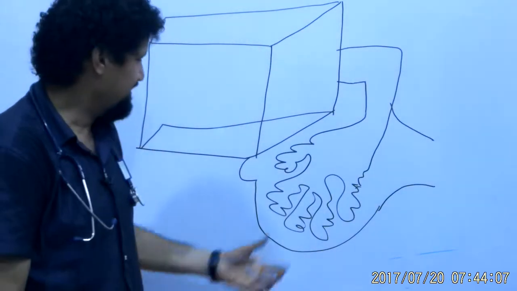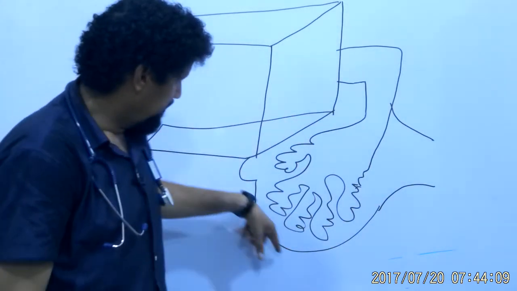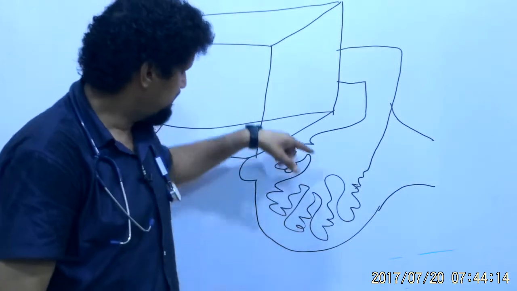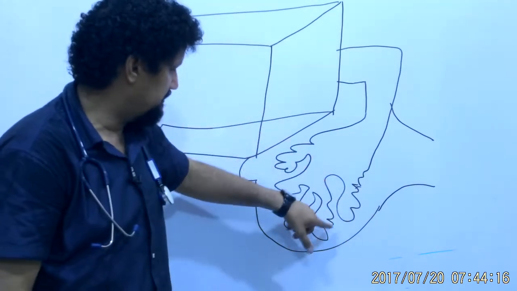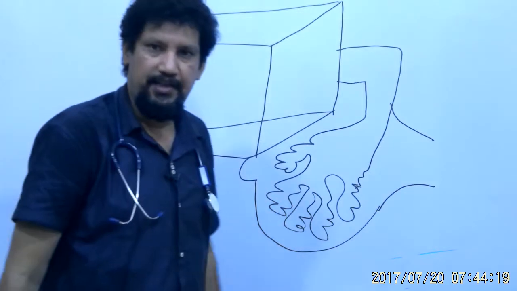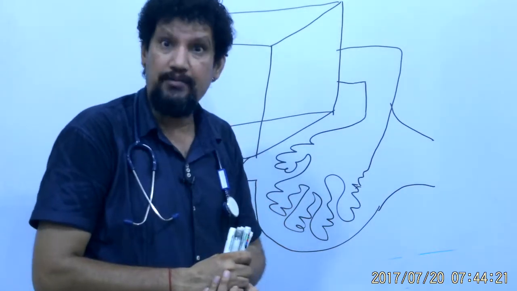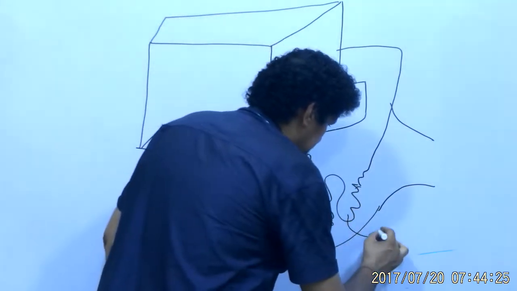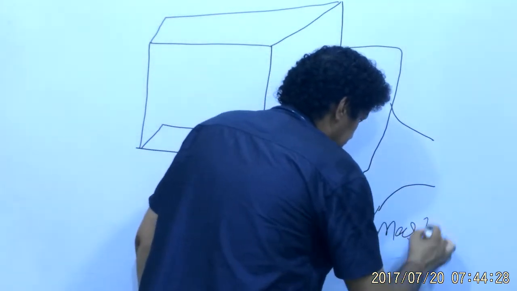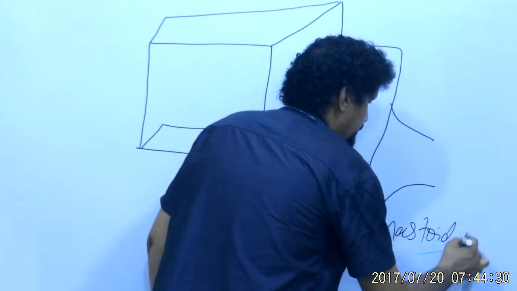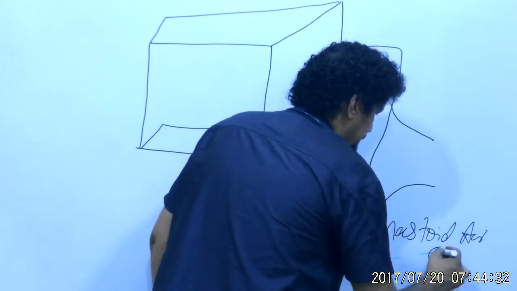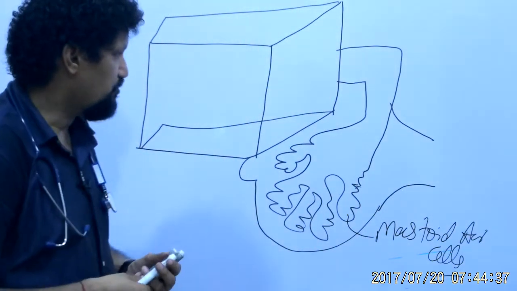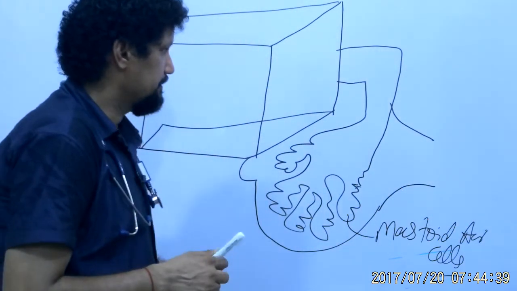So this beautiful place is the mastoid process, and these alveoli-like spaces, the air-filled spaces, are the mastoid air cells. So these are the mastoid air cells.